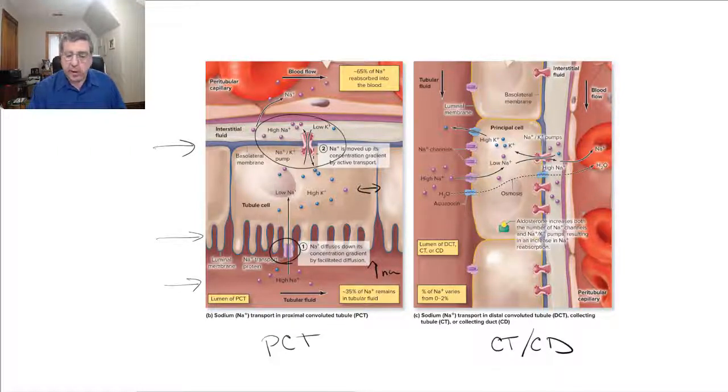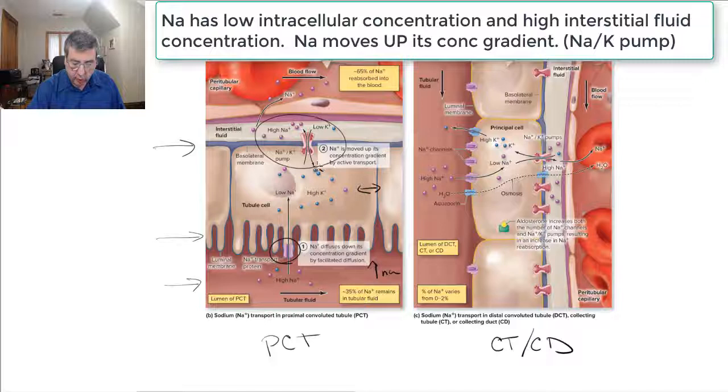And what this does, just like sodium-potassium pumps work everywhere, is 3 sodium out, 2 potassium in. So the sodium comes from the inside where it's a relatively high concentration, because sodium's coming in here, or it's getting to be higher. So what we want to do is get rid of that sodium and move it out. So we're going to move it into the interstitial space, then that gets into your bloodstream.